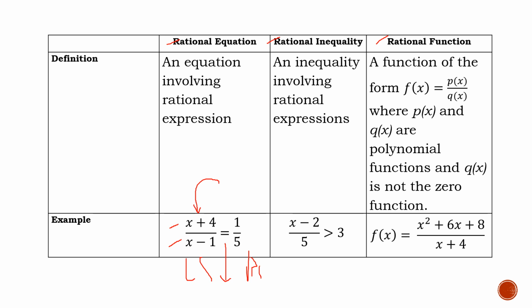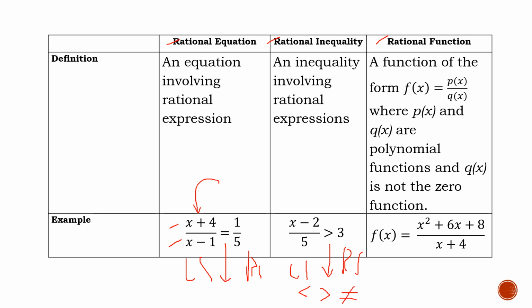For the rational inequality, an inequality involving rational expression, as you can see here, the symbol between your right side and left side is greater than. So it can be less than, greater than, or not equal to.